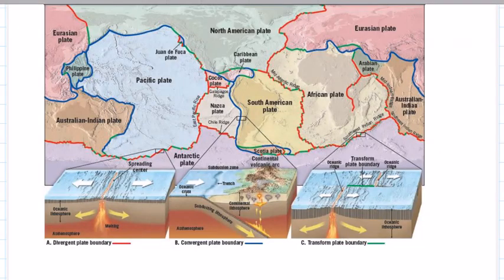Here is a map of the world where you can see the different types of plate boundaries: the red line, blue line, green line. The mid-oceanic ridge is represented by the red boundaries. Wherever you can see red lines, those are your divergent plate boundaries, where the lithosphere is moving apart over the asthenosphere.